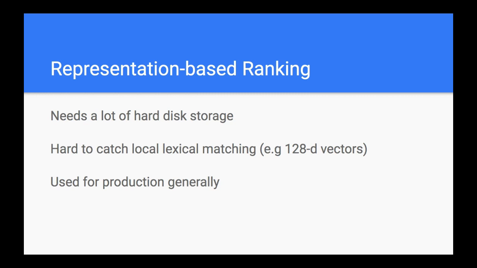It's like a keyword match. It's one of the requirements, right? But when you compress a super long document to this 128 dimensional vector, you can hardly catch this kind of local lexical level match. So that's why people usually combine this with traditional features like TF-IDF to calculate the relevancy.